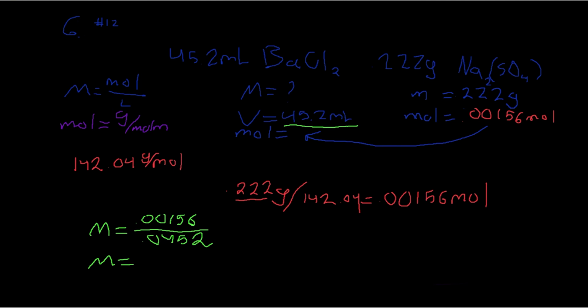We end up getting our molarity of 0.0346 moles per liter. That's our final answer. And honestly, that's the hardest question in the packet, in my opinion. So if you think you've got this down, you're gonna nail the test.